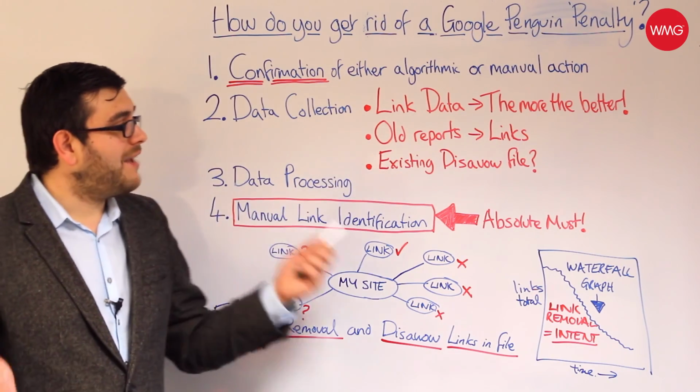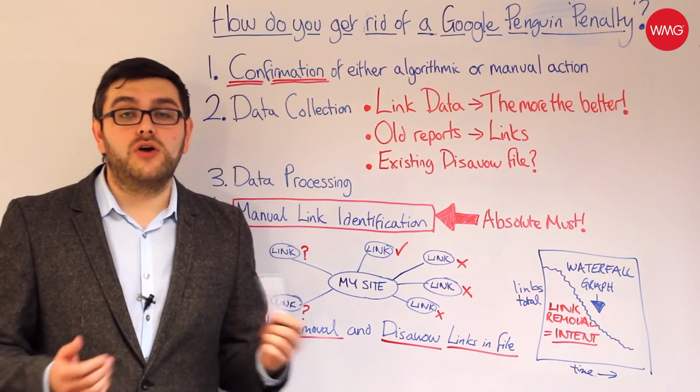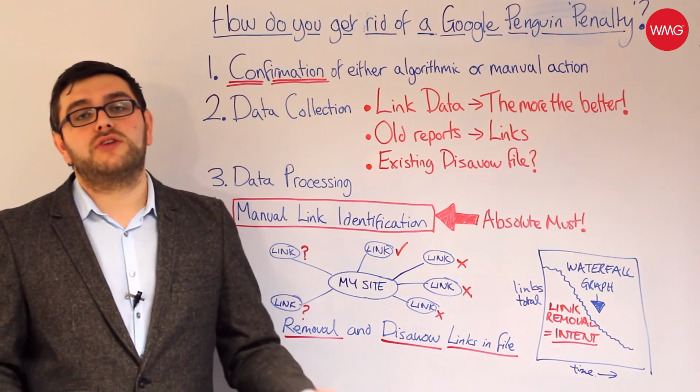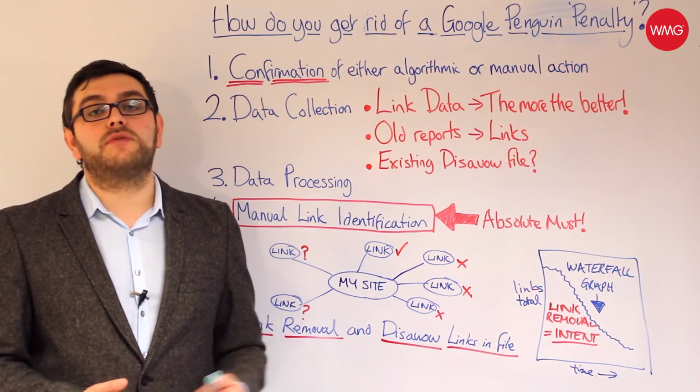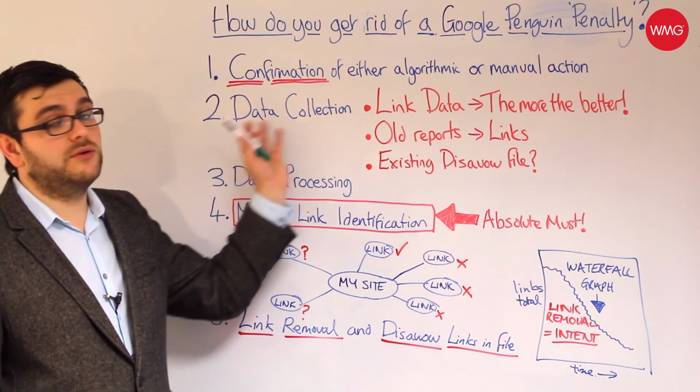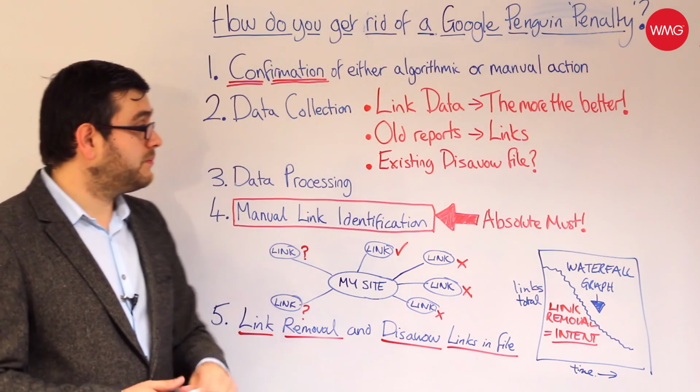The next one, if you've got any link reports or SEO reports lying around from a long time ago, these will also give us insight into the type of link manipulation that's gone on in the past, and that can then be fed back into the data collection process.